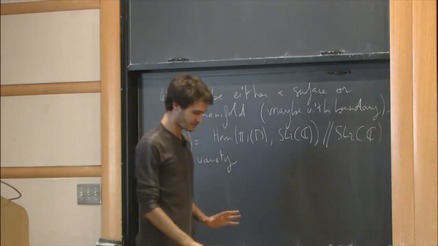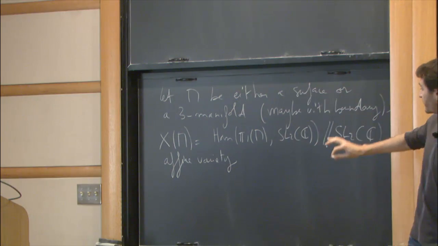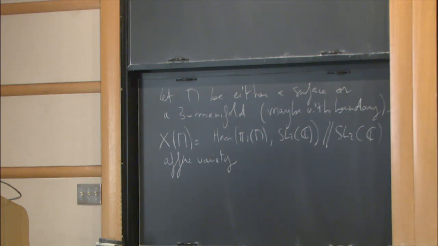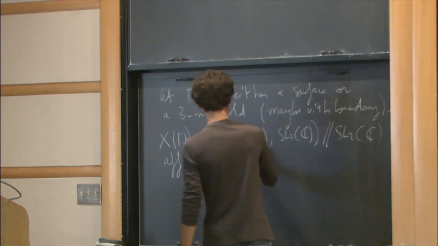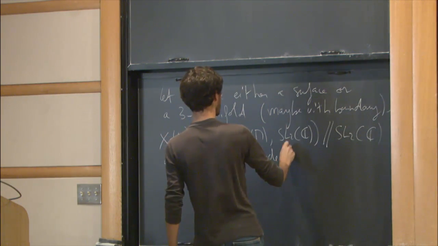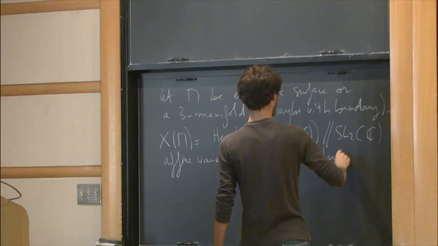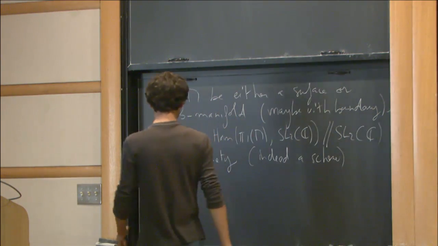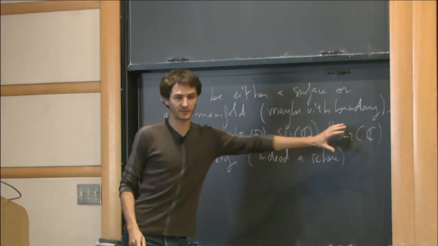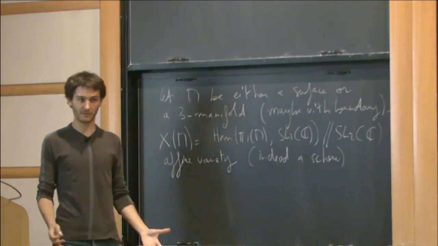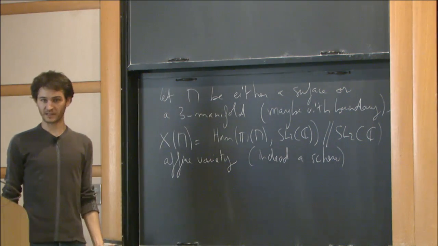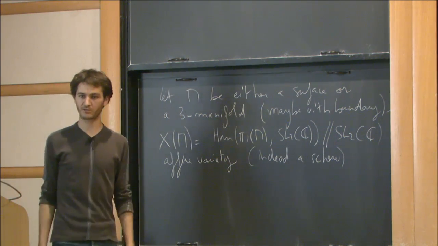But I have to say, when I define exactly this variety, you will see that it's not reduced. It's indeed a scheme, and I will say some words about that in 10 minutes, maybe. But you can, for the moment, just think of it as a usual algebraic variety, maybe with singularities, whose points are just given by representations up to some equivalence relation.